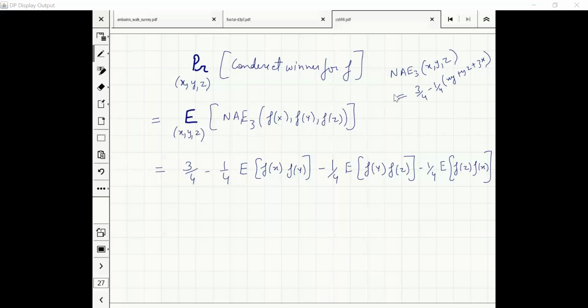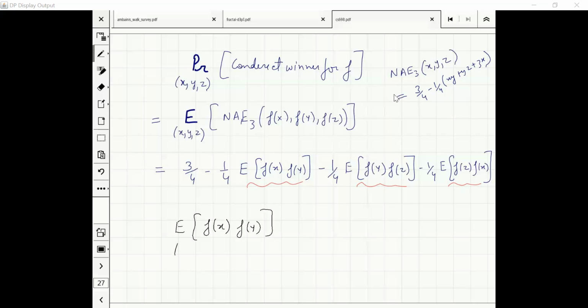But what do you think about these three quantities? They should all be equal, because it's the same symmetric expression. It is symmetric between the three elections. That's why this thing should be the same. The only thing now we want to figure out is expectation of fx fy.